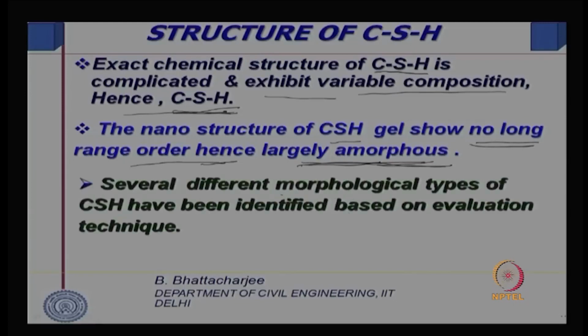Several different morphological types of CSH have been identified based on the evaluation technique. They have similarity to some pure calcium silicate hydrates produced otherwise, not from cement, namely tobermorite or similar ones. There are several minerals with crystalline structure, but the CSH produced from cement does not have long range crystalline structure.